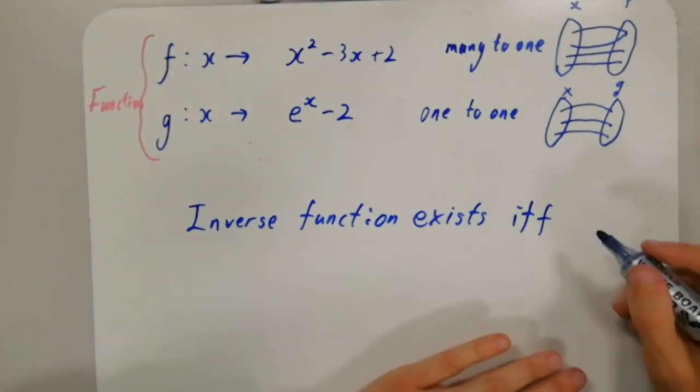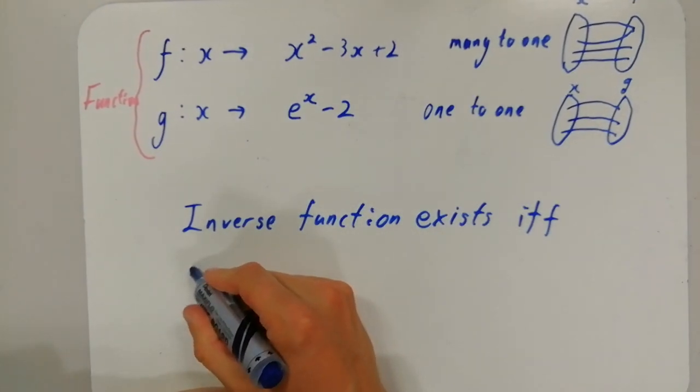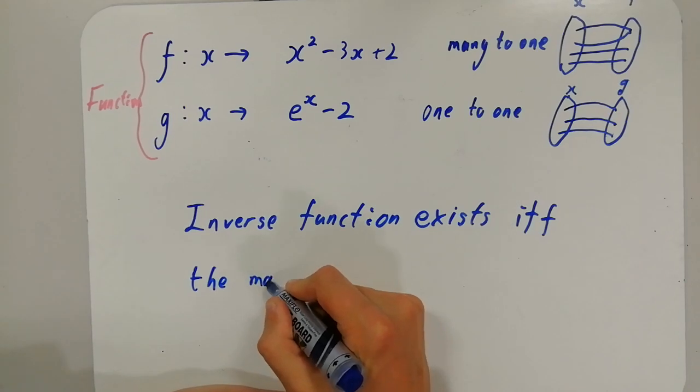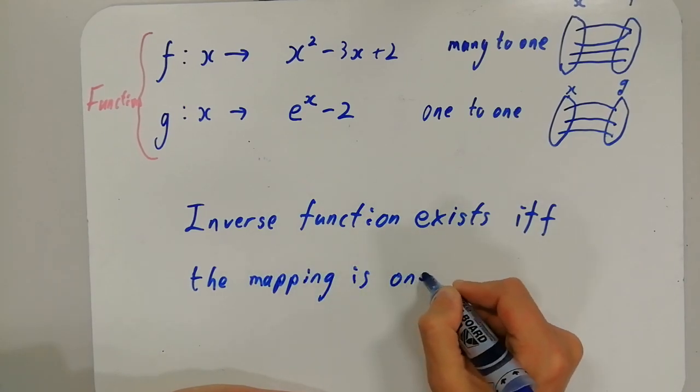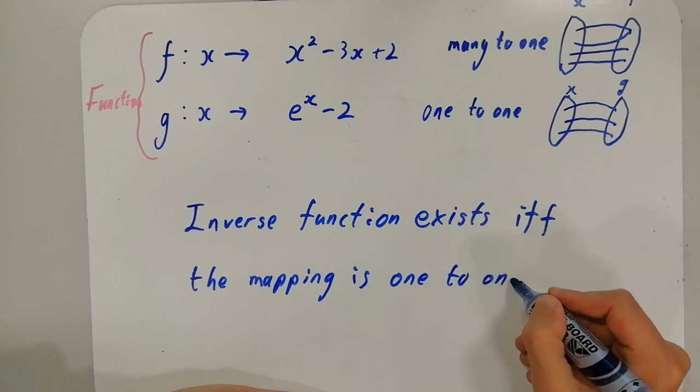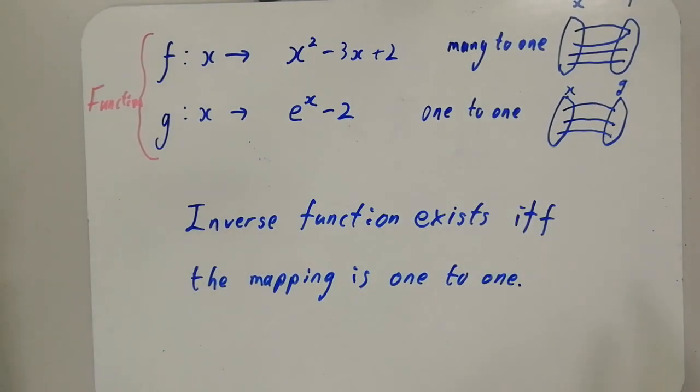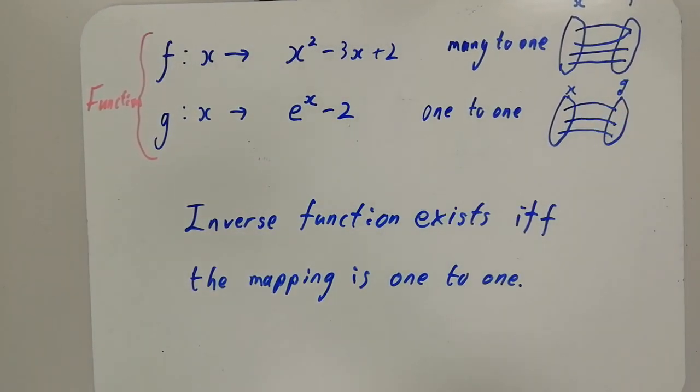If and only if the mapping is 1-to-1. Okay. Because for it to be a function, for any given input, I must know the output. And for the inverse to also be a function, I must be able to reverse that process.